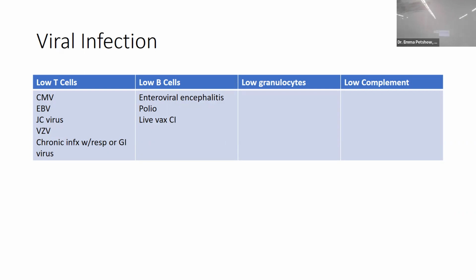Or in general, any chronic infection that has a respiratory or GI etiology or locus. If you have low B cells, what viruses could be affecting you? Any enteroviral virus, but polio is the big one I would want you to keep in mind. Low B cells, the virus that could affect you would be polio, and live vaccines are contraindicated as well.